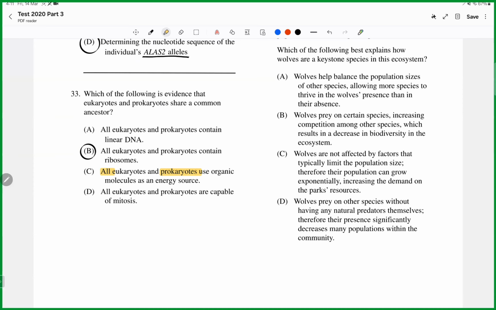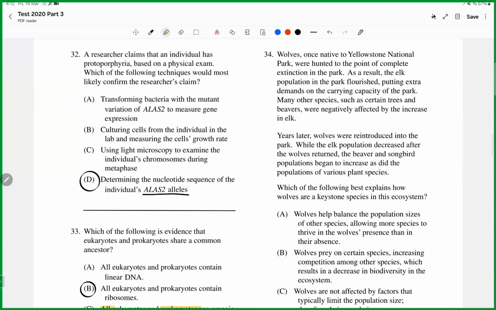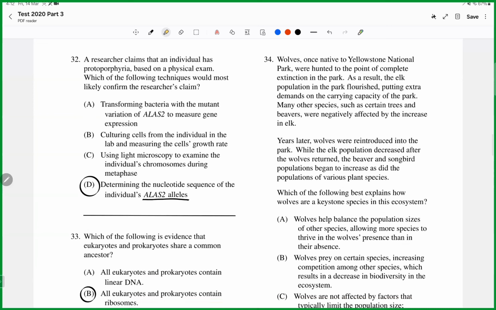This is the second one. The heredity one is the most annoying one. Yeah, also lots of detail. Oh, okay. That's chapter 8.